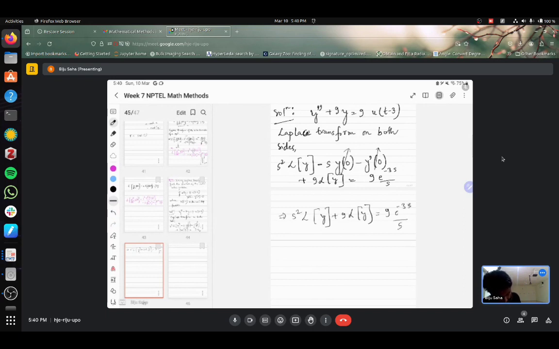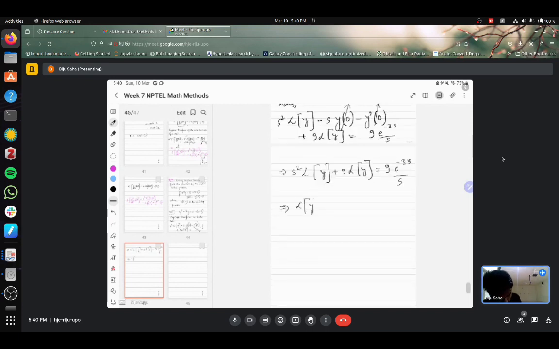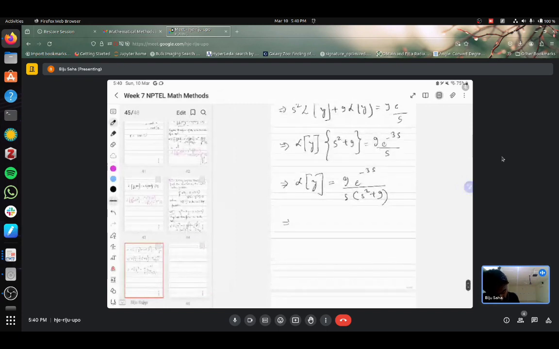We can take the Laplace transform of y common and that would be equal to the right hand side divided by s square plus 9. Now to know the function y, you have to perform the inverse Laplace transform.